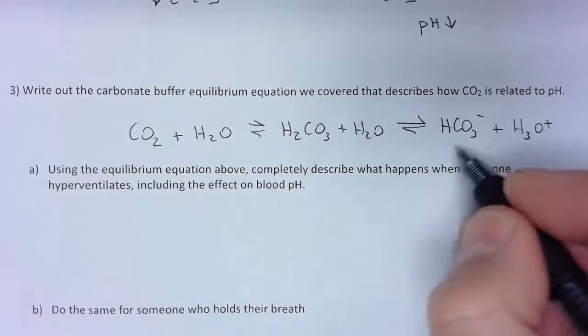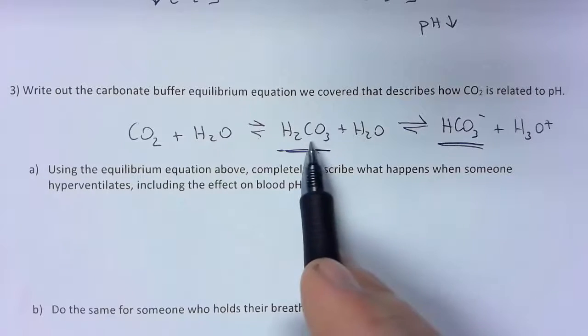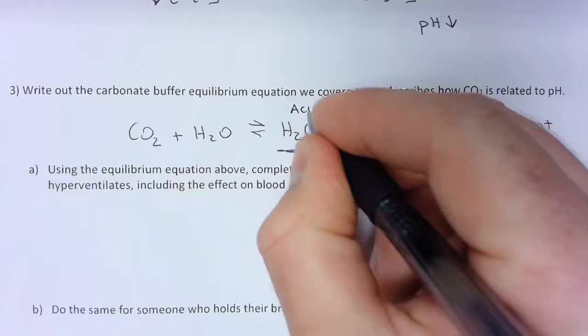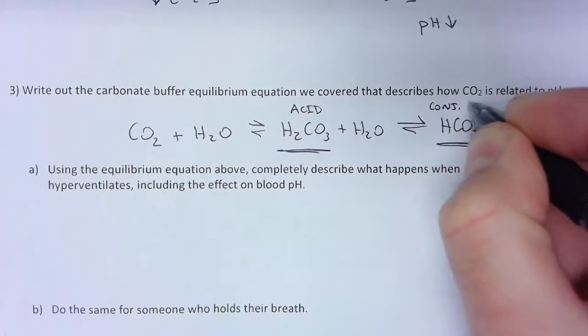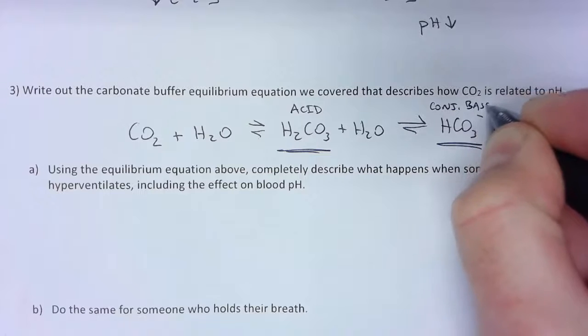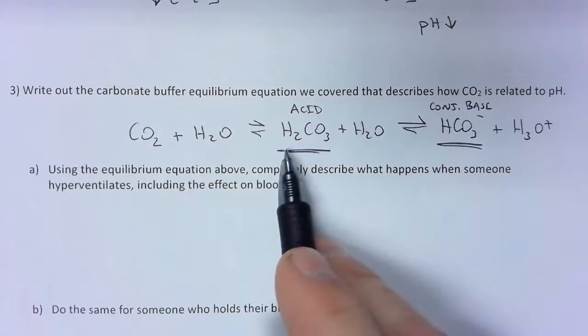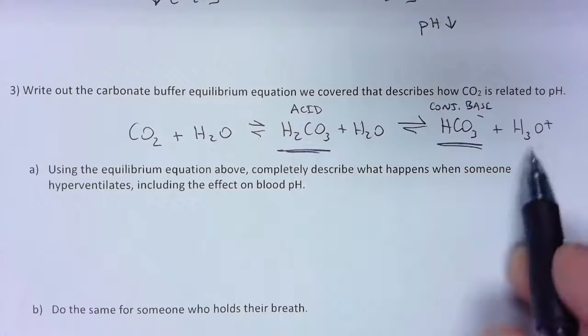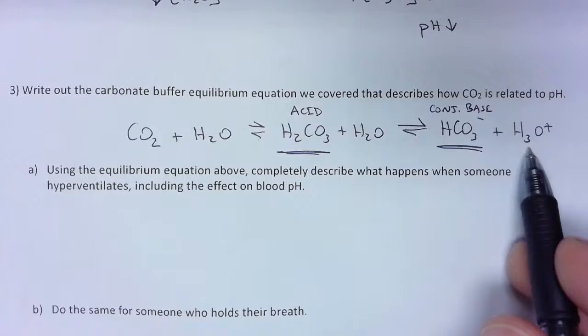Okay. Here and here represent the buffer system. This is the acid, and this is the conjugate base. This is 1 less hydrogen than this one. And then the H3O+ over here, remember, is related to pH.